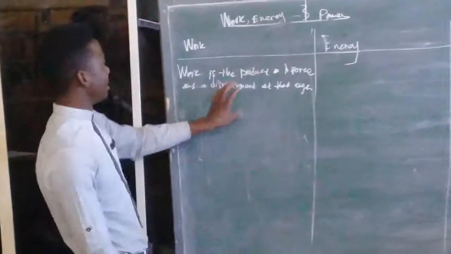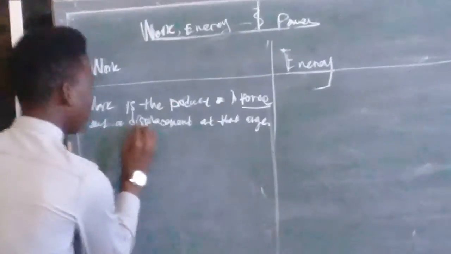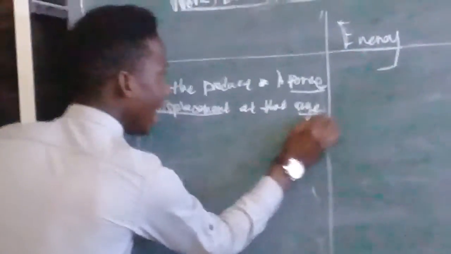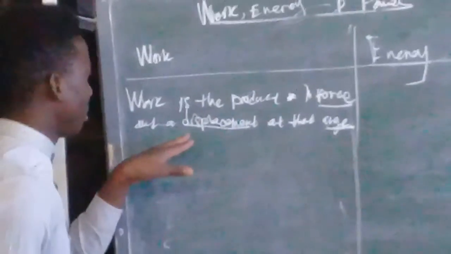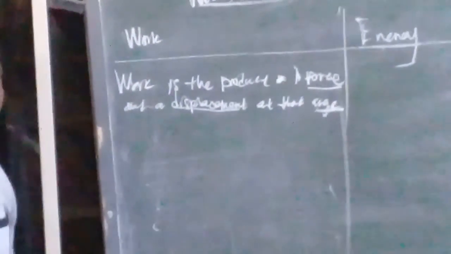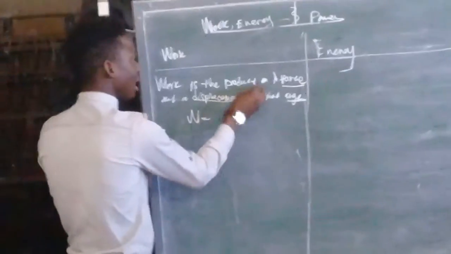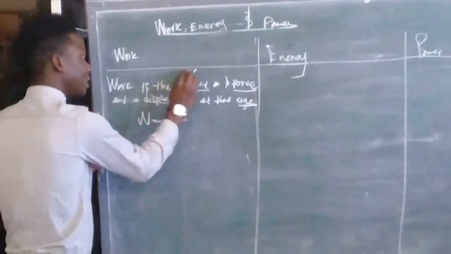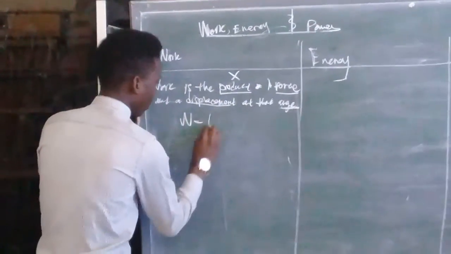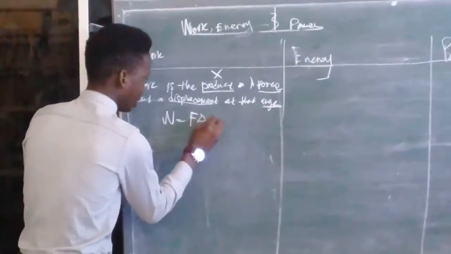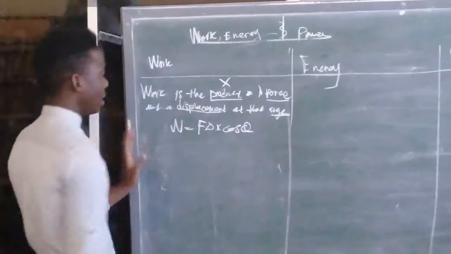Work is the product of a force and a displacement at an angle. It means by means of a formula, I can say work is equal to the product, and the product means the multiplication of the two. It's the product of the force and a displacement. You can show it by changing x at an angle, you know that cos theta.